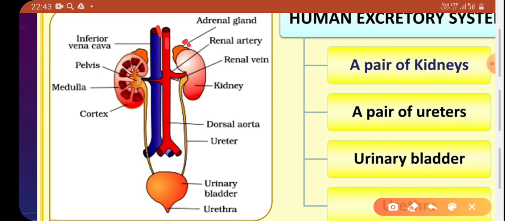This is the adrenal gland just above the kidney. This is the kidney. This is the renal vein, renal artery, pair of ureters, urinary bladder, urethra. This is cortex, medulla, pelvis.